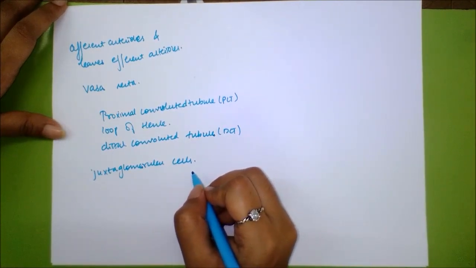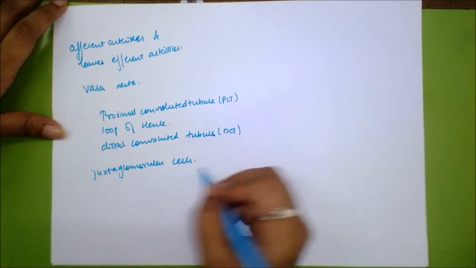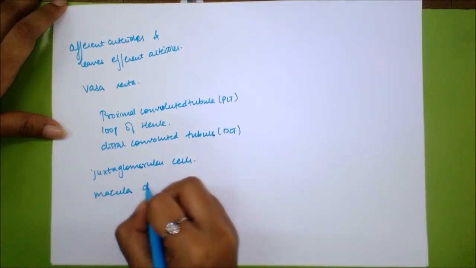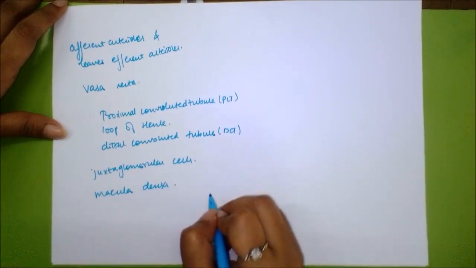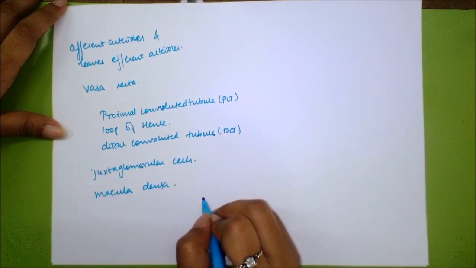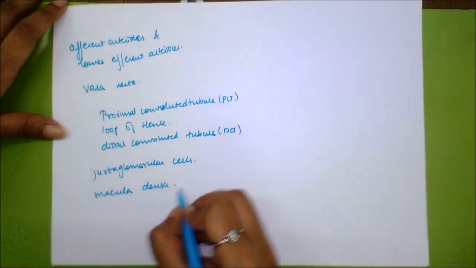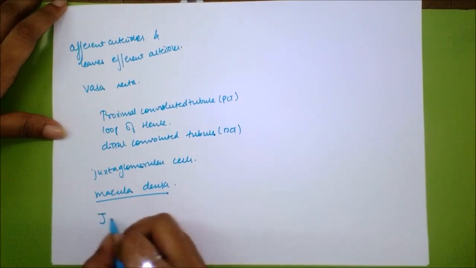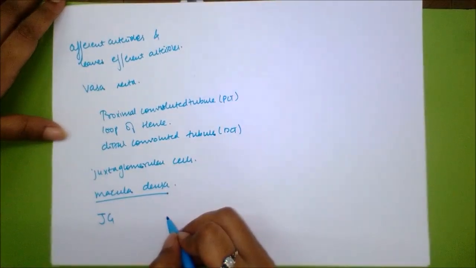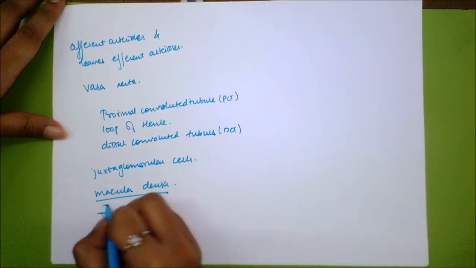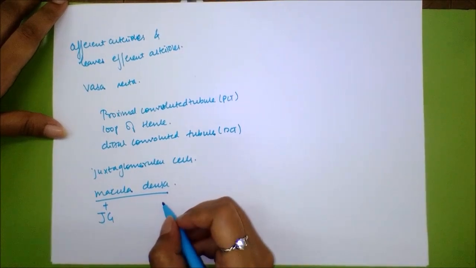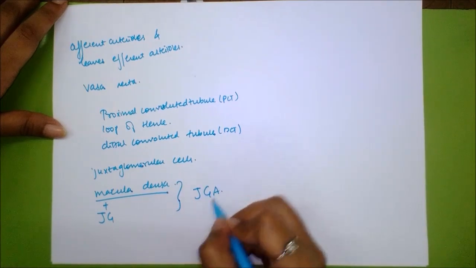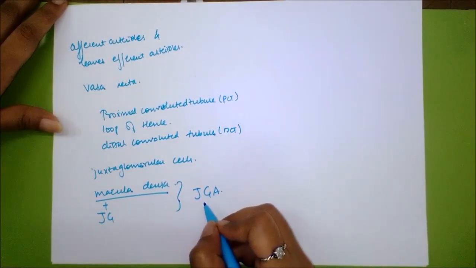The epithelial cells of the DCT in contact with the afferent arterioles are collectively called the macula densa. The juxtaglomerular cells together with the macula densa form the juxtaglomerular apparatus, JGA. Nephrons are of two types.